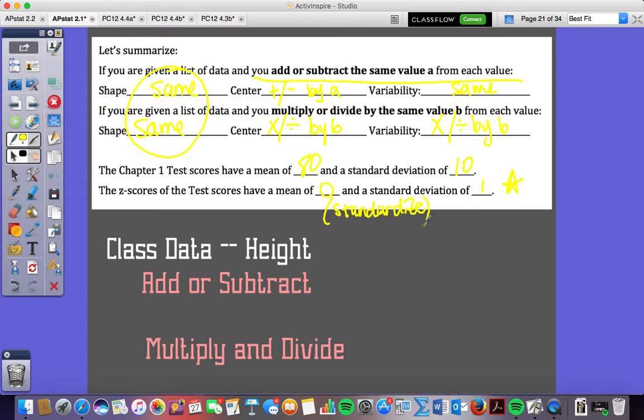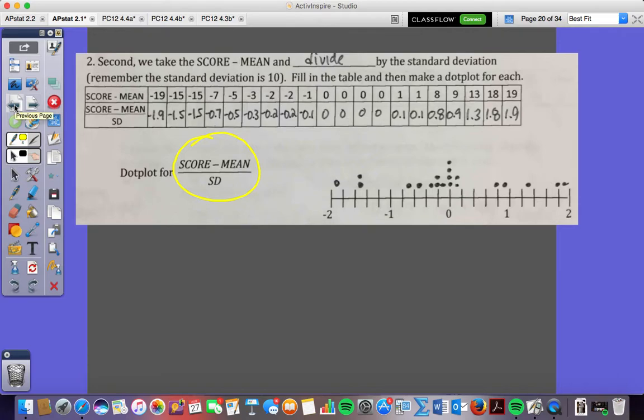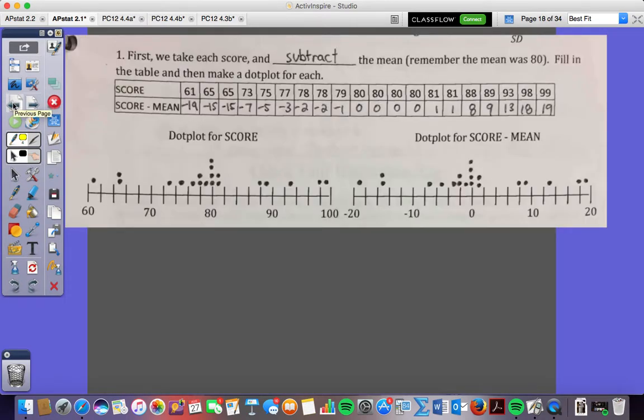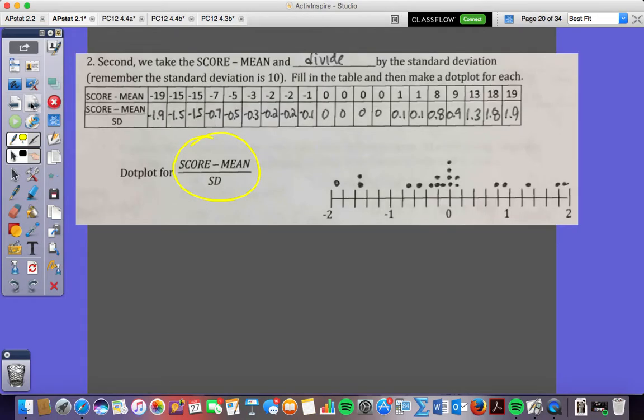Tony, say again. Why is that the case? Let me see if I can go back and explain it a little bit better. Do you remember over here that when we did this, here was the mean, and one standard deviation to the left and right was plus or minus 10, right? When we look at that, that was the shape. Notice the shape is still the same. The only difference now is where's my mean?